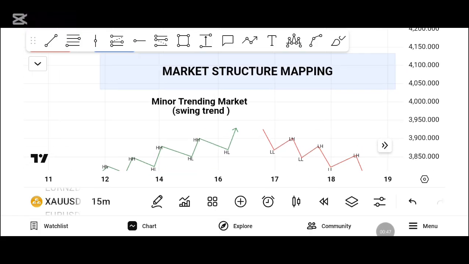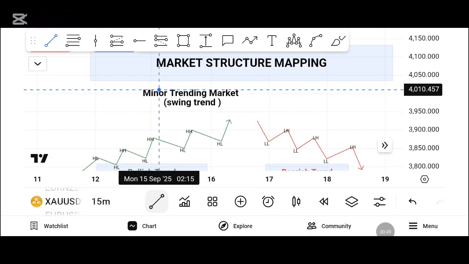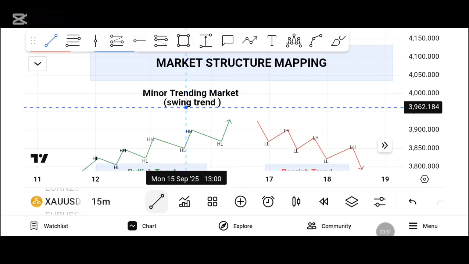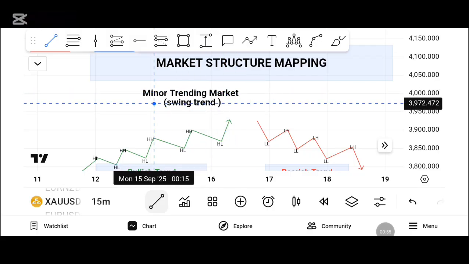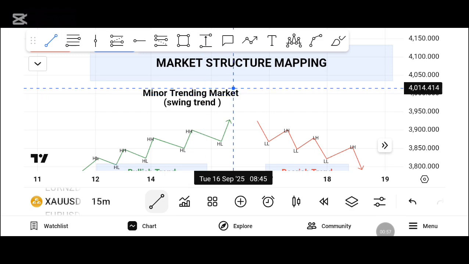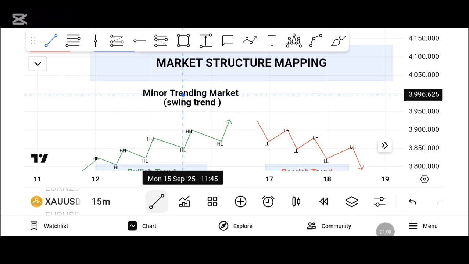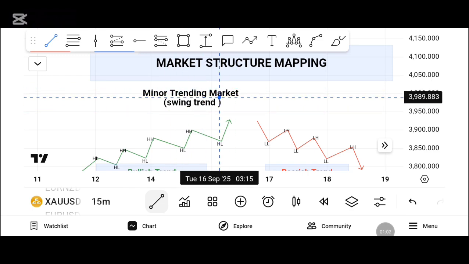So the first thing on our list is the minor trending market. This is just a swing trend.